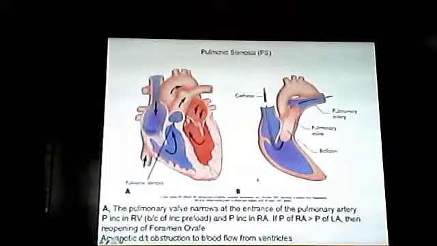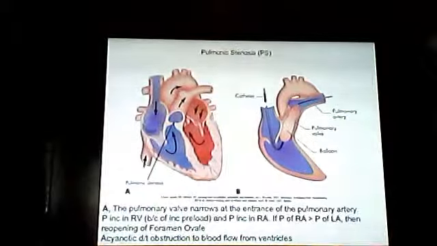Pulmonic stenosis, so the valve to the pulmonary system is getting narrowed, so then the right ventricle has to work harder. If the right ventricle has to work harder, the right atria also gets increased pressure. And then if the right atria pressure gets big enough, then it could reopen the foramen ovale, and then blood could get mixing.